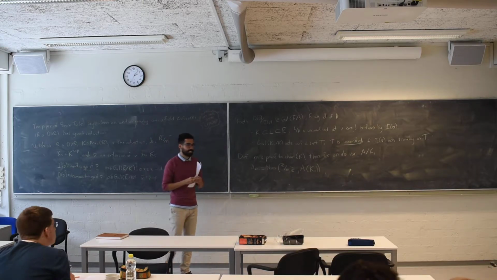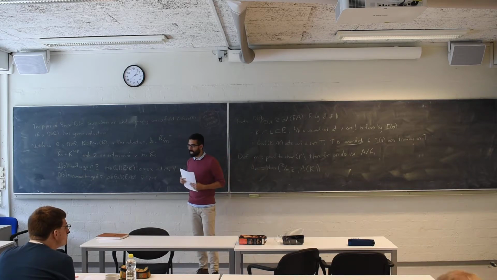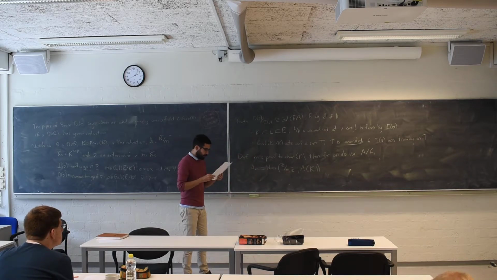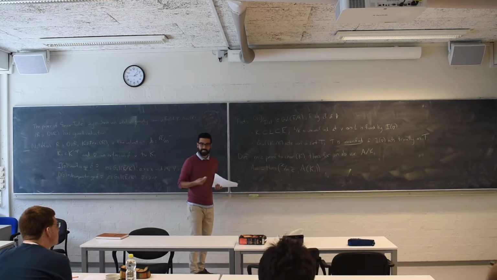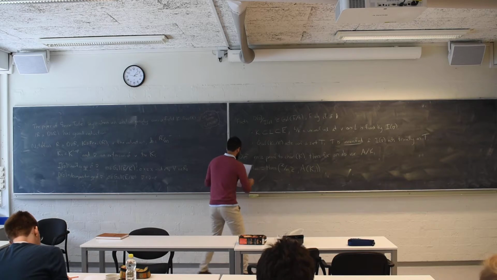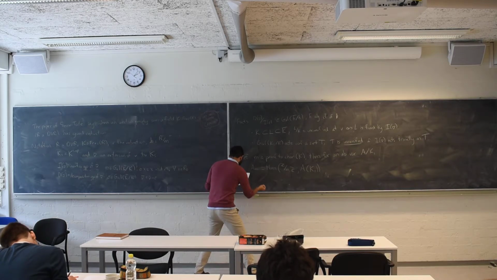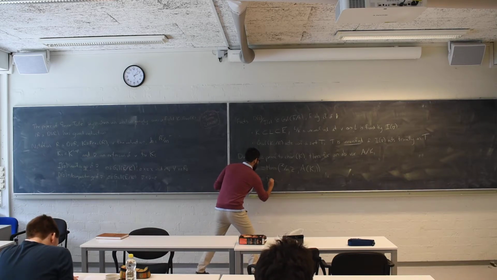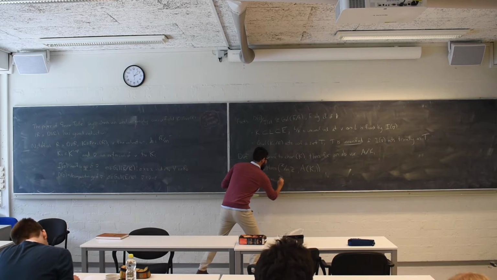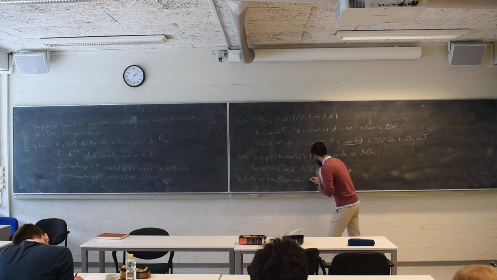So this is the set of Ks rational points whose order divides M. And as a fact, whenever A is an abelian variety, A sub M is a free Z mod MZ module of rank twice the dimension of A.